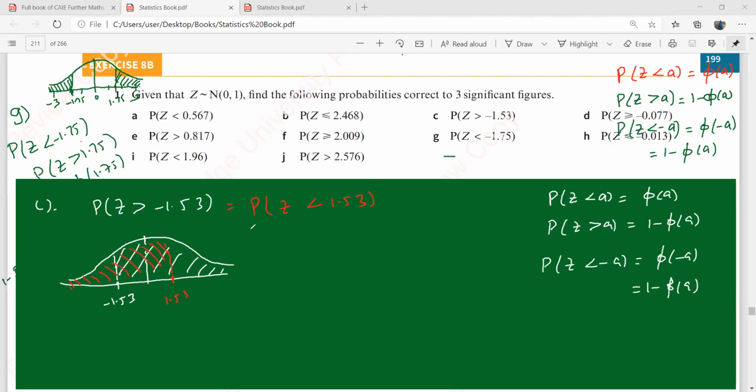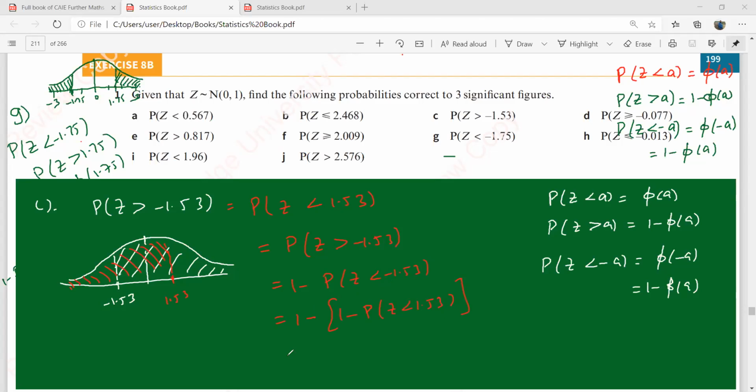Now if you want to do all those steps, first of all, we don't like this greater than sign. So probability Z is greater than minus 1.53, you will change that to 1 minus probability Z is less than minus 1.53. And again, we don't like this minus over here. So this is 1 minus probability Z is less than 1.53 with the sign changed.